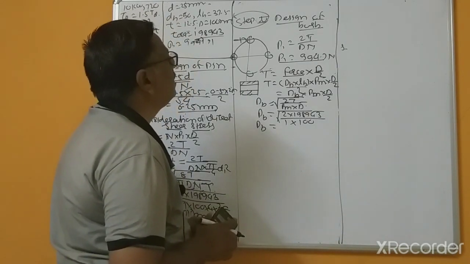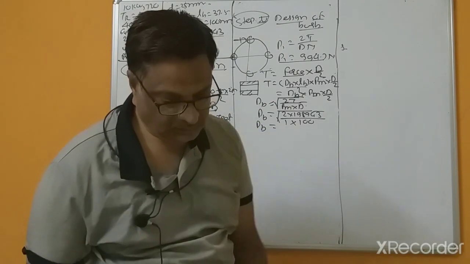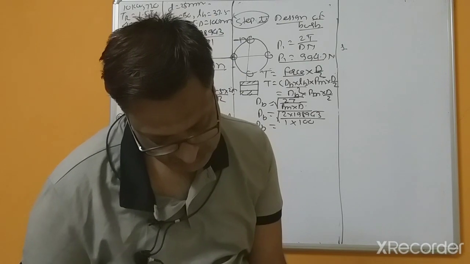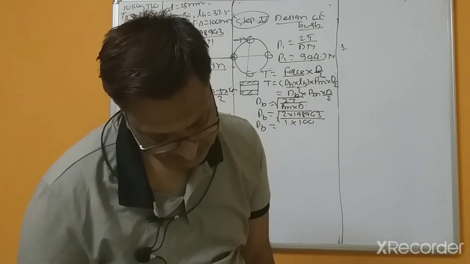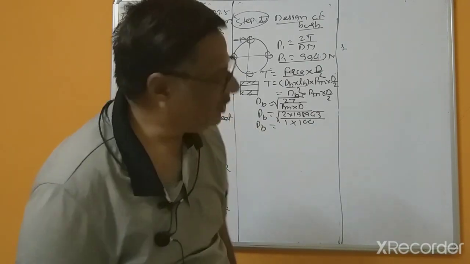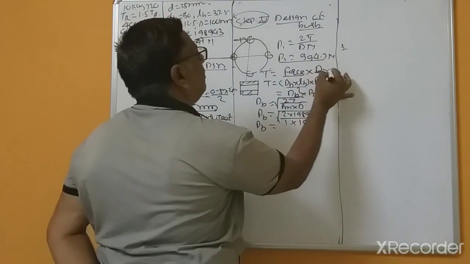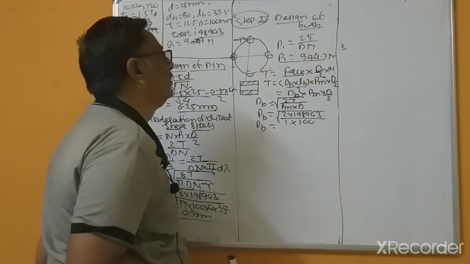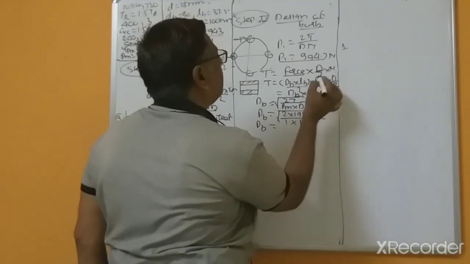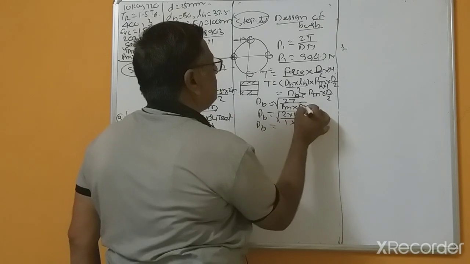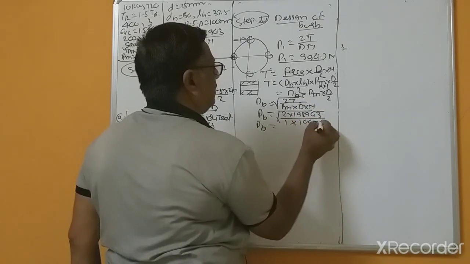Any terms I am missing? Yes, we are missing number of the force. That's why I am checking, because yes, this is divided by n. This is 4.